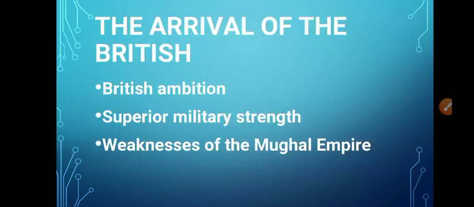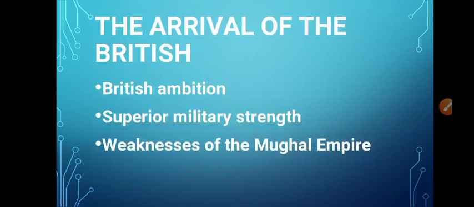Now, the final blow came from the arrival of the British. In the beginning, they just came as traders, but later they became ambitious and they wanted to become the rulers. They had superior military strength because they experienced the industrial revolution, and as a result, the British became one of the wealthiest nations of the world.